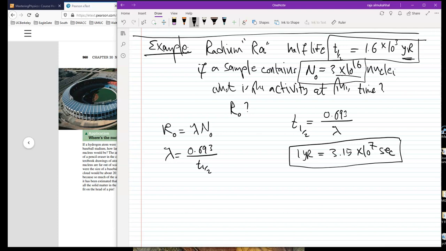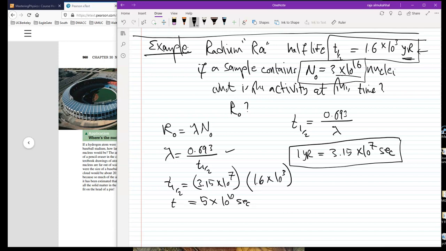So given this half-life in years, I have to convert that first before I use this formula. So T1/2 is going to be equal to 3.15 times 10 to the 7 multiplied by the number of years, 1.6 times 10 to the 3rd. When I calculate that, I get 5 times 10 to the 10 seconds.